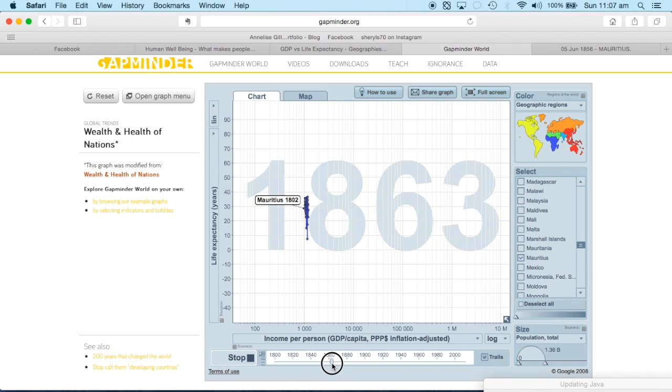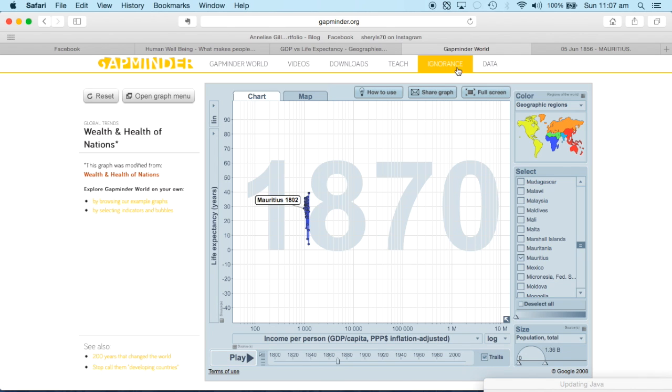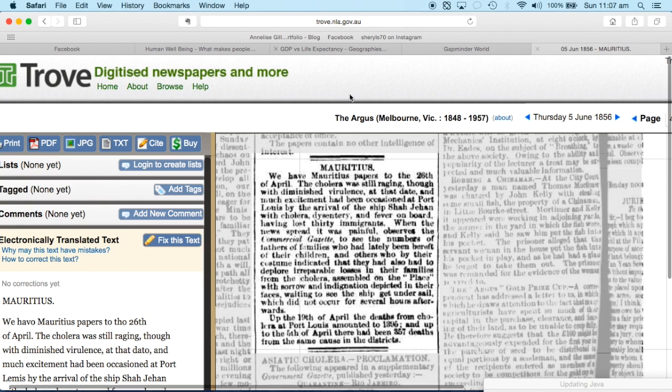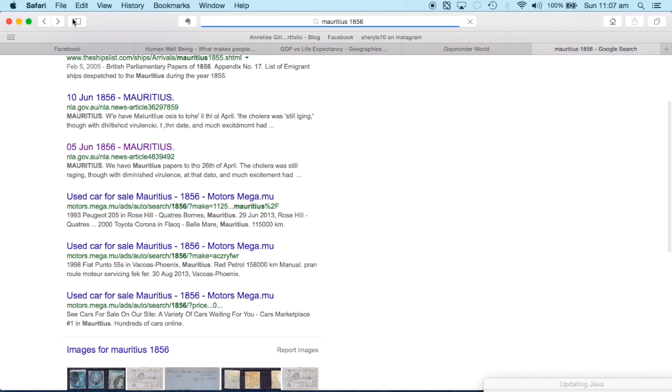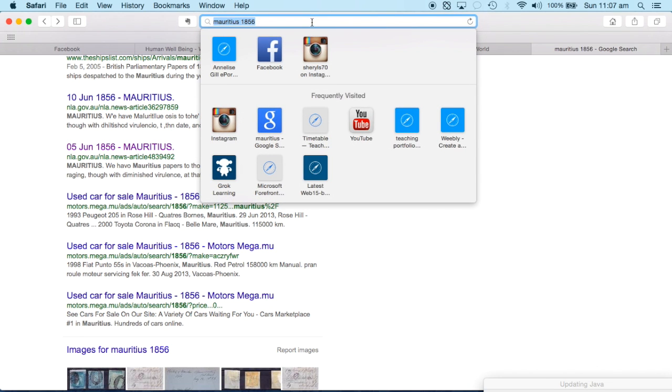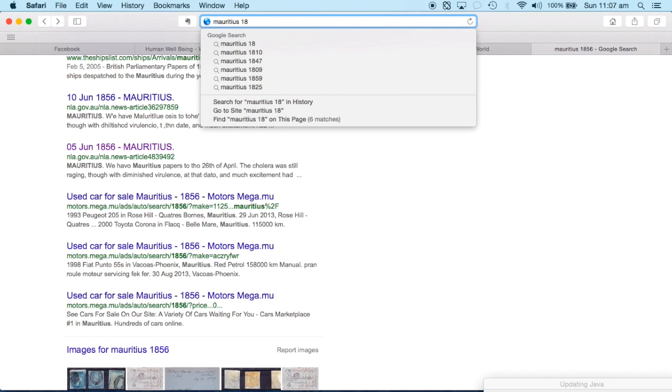Now, there was another dip which I wasn't able to explain, this one here. So 1868. Now, it could be the same. So let's once again do a search for 1868.